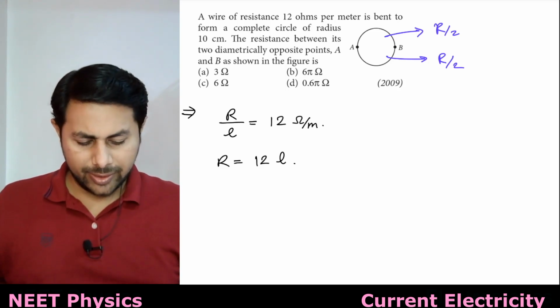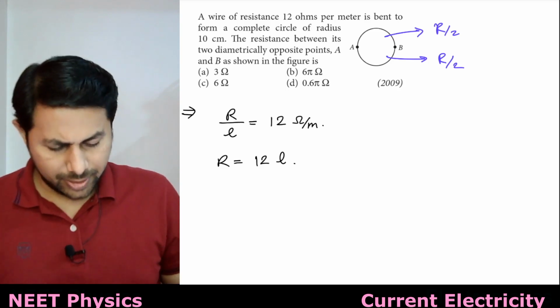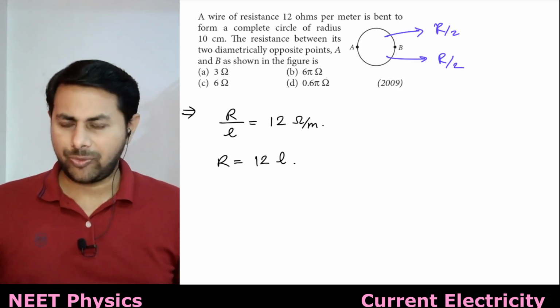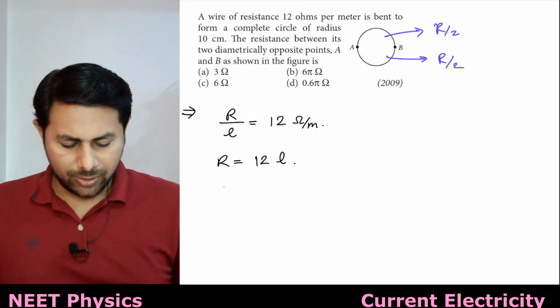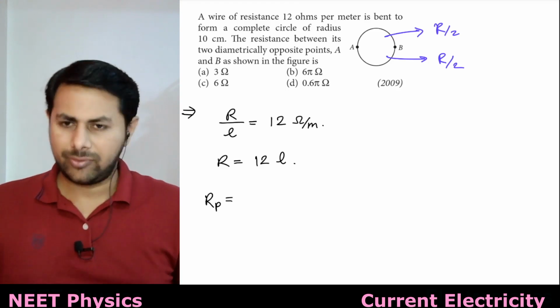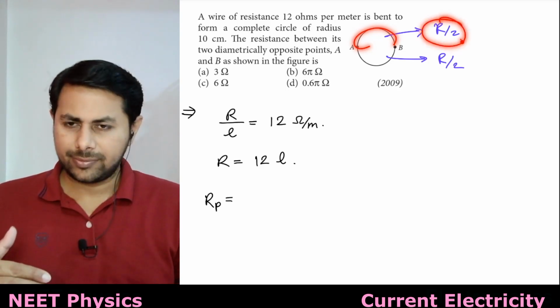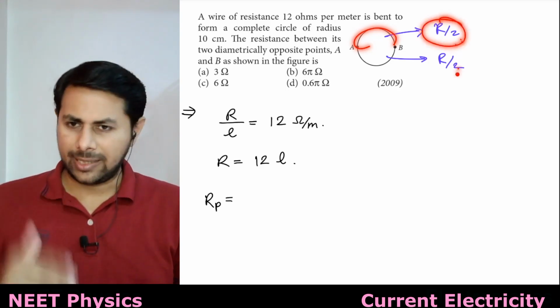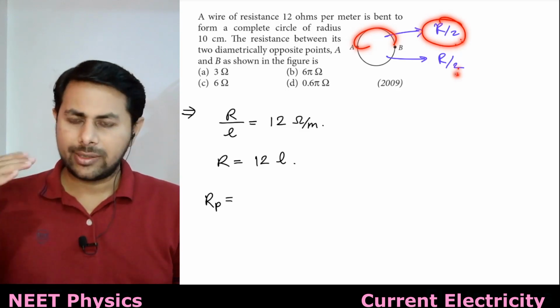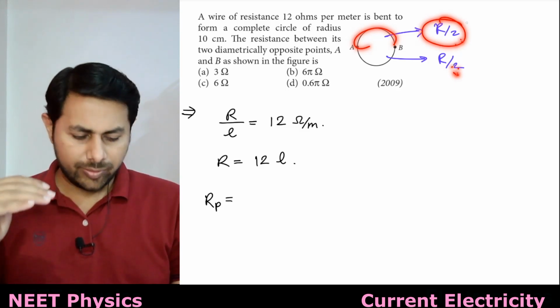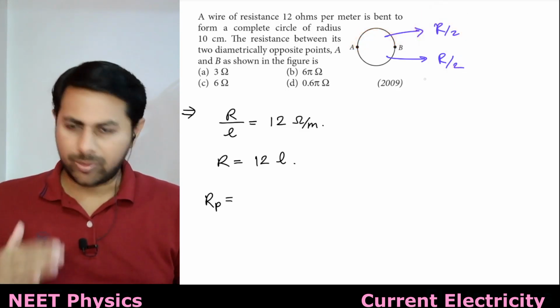And R by 2 and R by 2 are connected in the parallel combination, and therefore what will be the total resistance? Total resistance is Rp. They are identical, and therefore the equivalent resistance will be one resistance divided by the number of resistances.